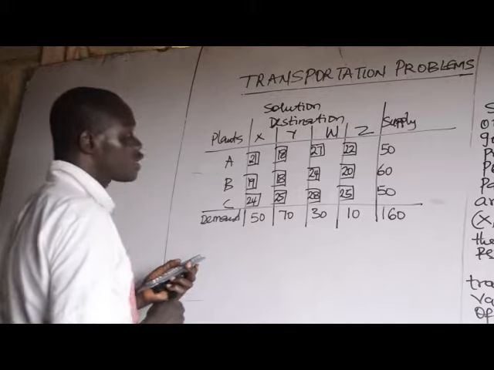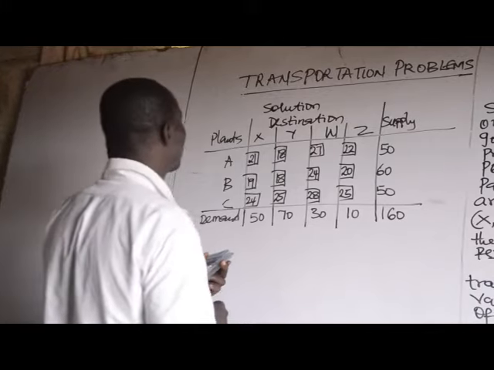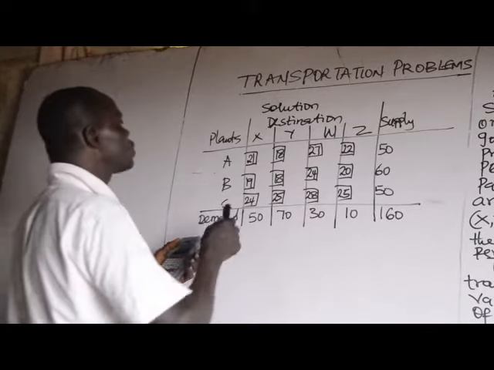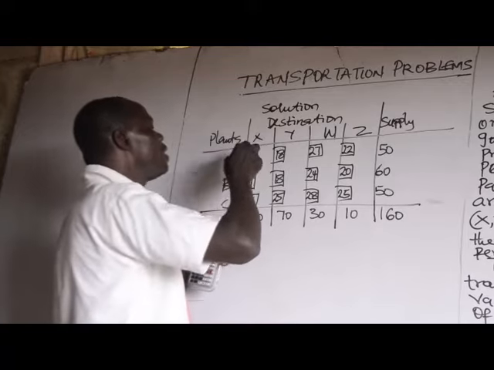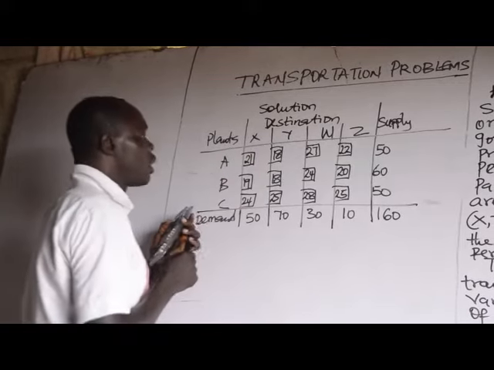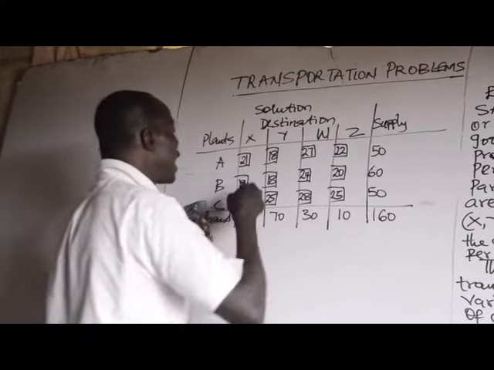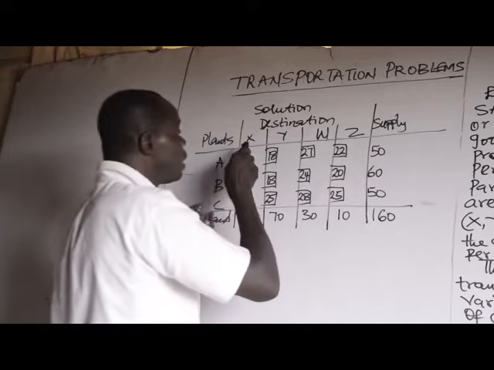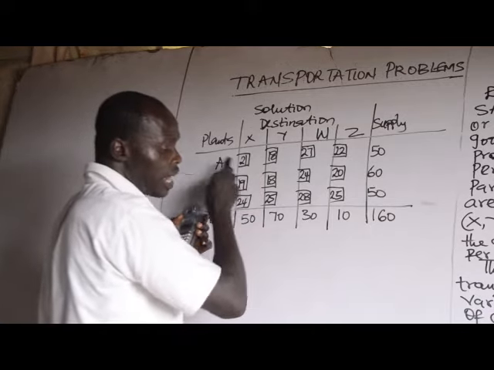Now, you want to solve the problem using the northwest corner rule. Under this rule, you start your allocation from the top left-hand cell.